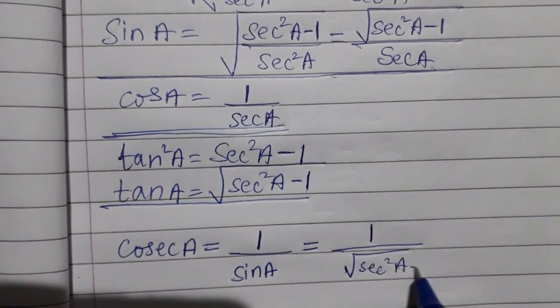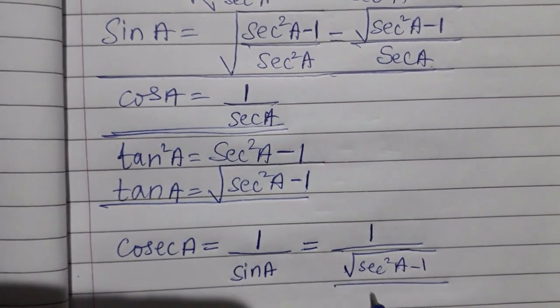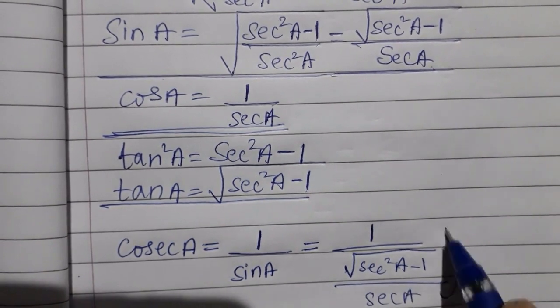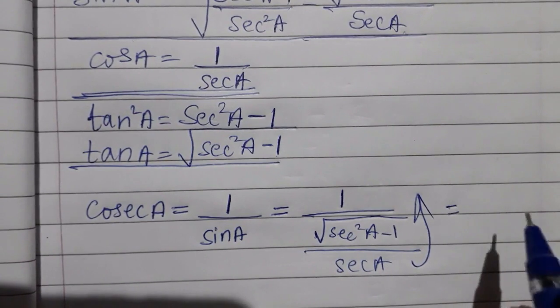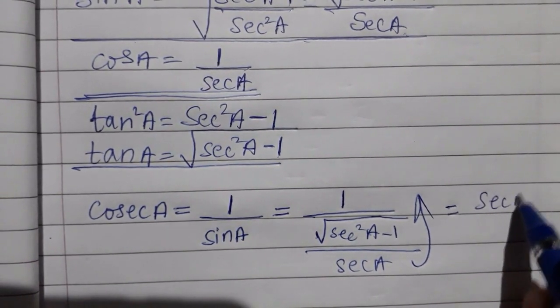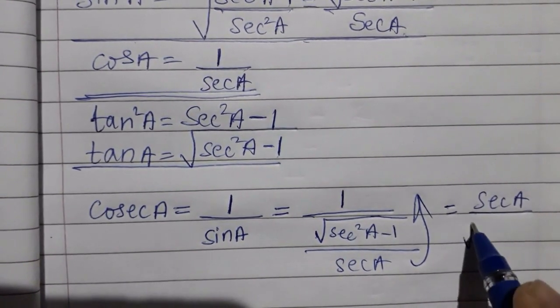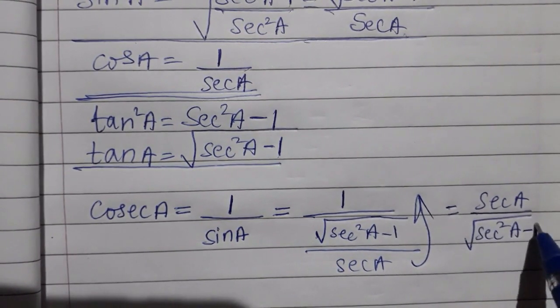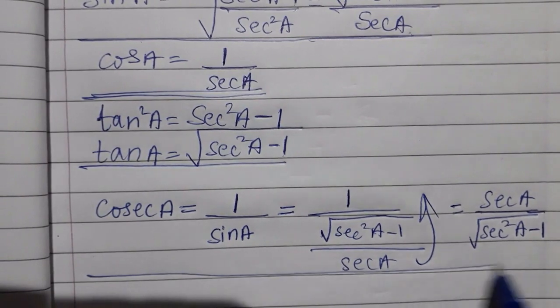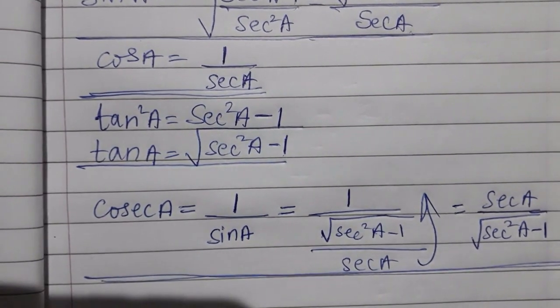Take the reciprocal. Then the reciprocal will be secant A by square root of secant square A minus 1. Now I got cosec A in terms of secant A.